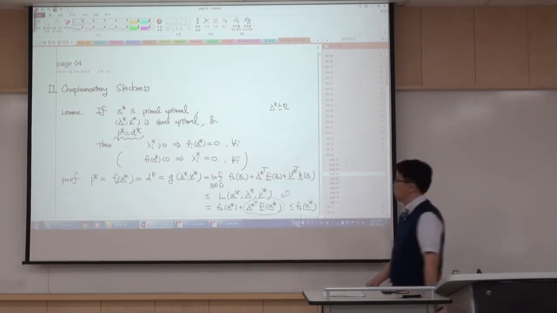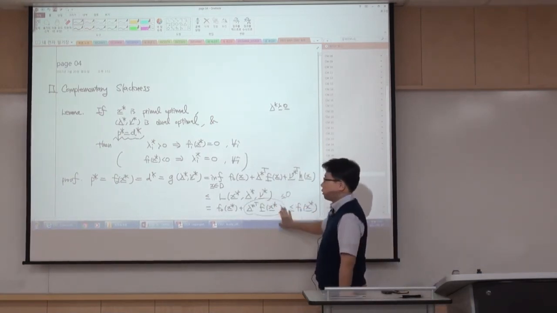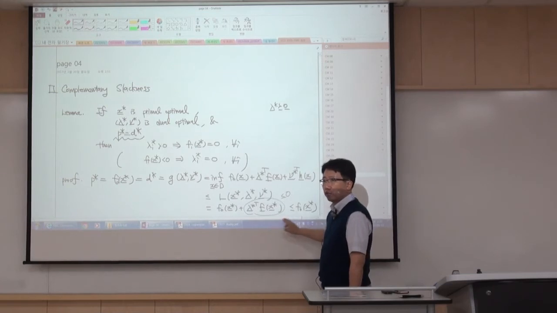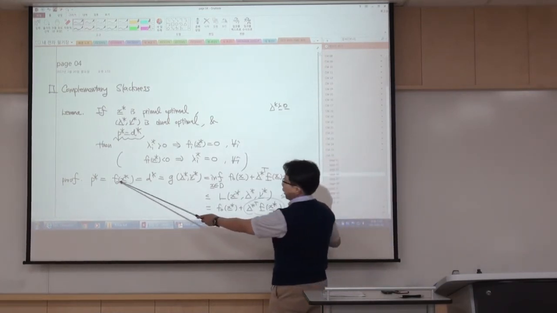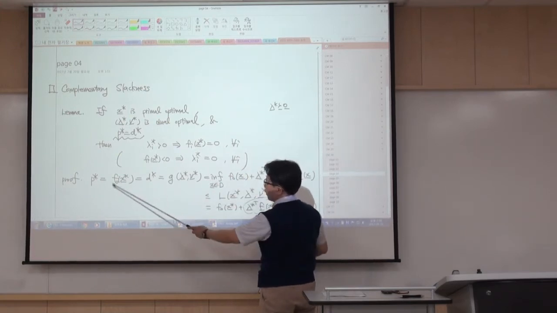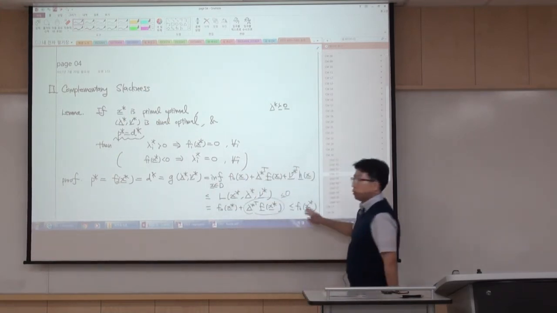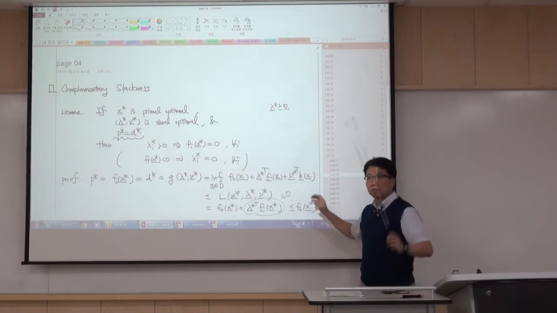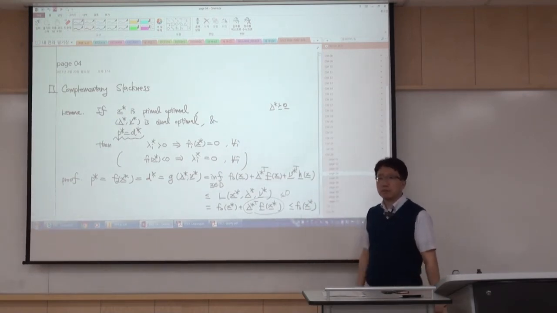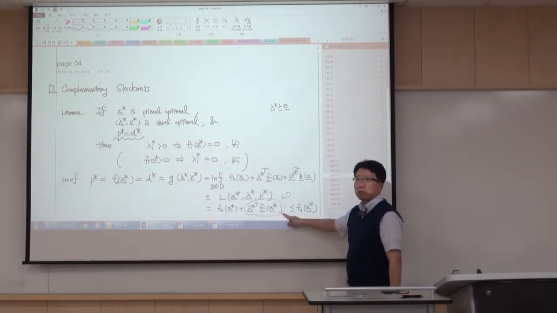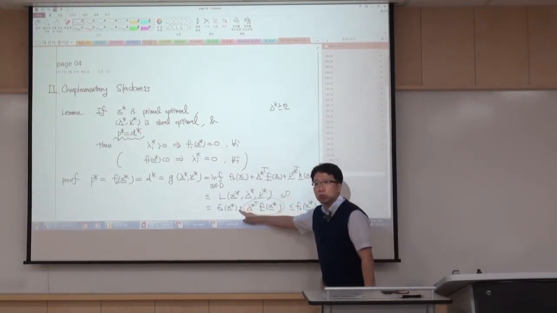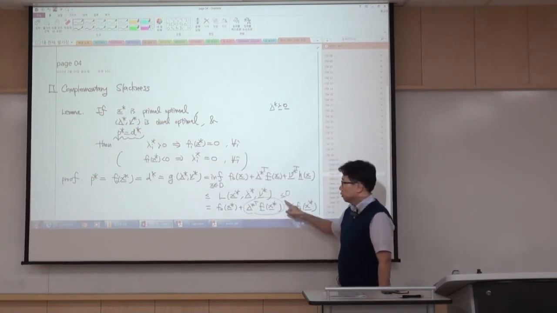Am I right? For example, this is minus 3. Then definitely this holds, right? But we've already shown that this term is lower bounded by this upper bound. What does that mean? They are all the same. So this must be what? This must be 0. Got it? This must be 0.